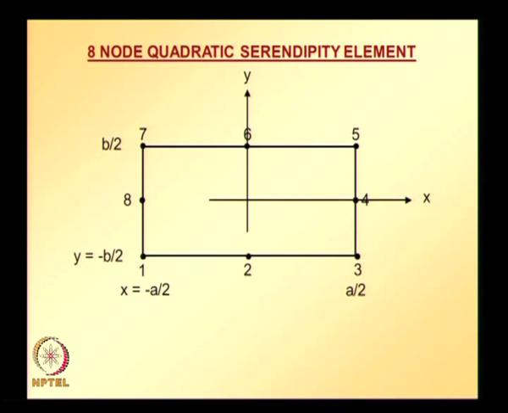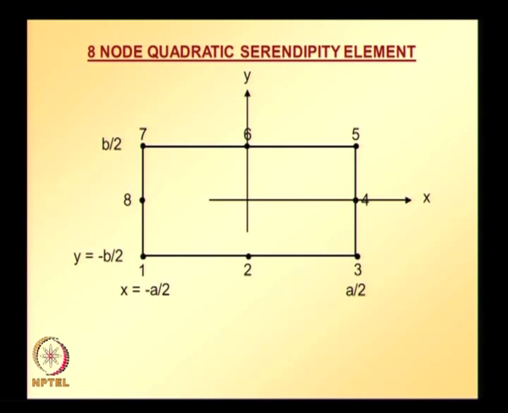Similarly, the shape function of node 1 has to be 0 at nodes 2 and 8. So if we get the equation of the line which passes through node 2 and 8, that can be easily derived based on the nodal coordinates of node 2 and node 8. We can easily write the equation of the straight line that passes through nodes 2 and 8.